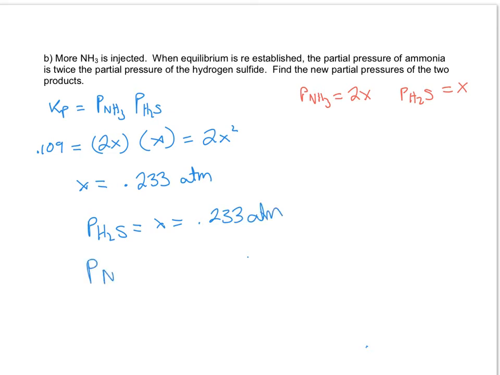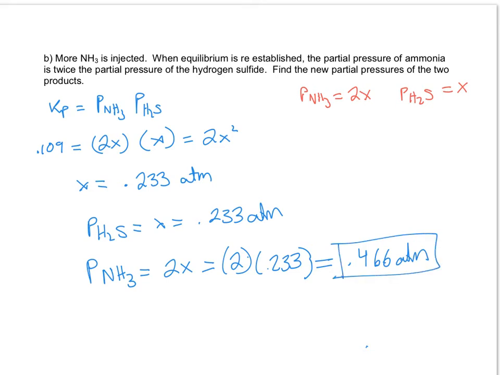The partial pressure of the ammonia is 2X, so 2 times 0.233, so 0.466 atm. So here are my 2 answers.